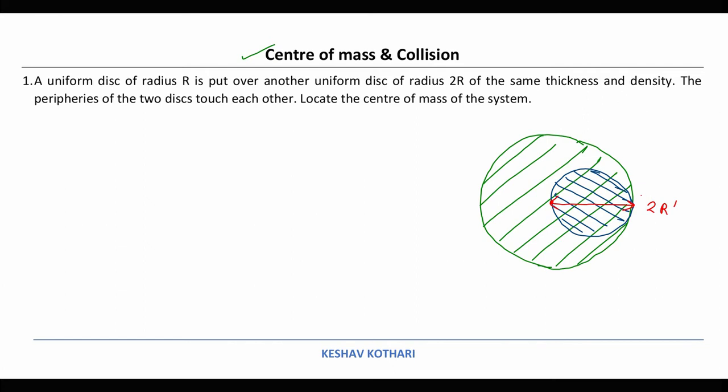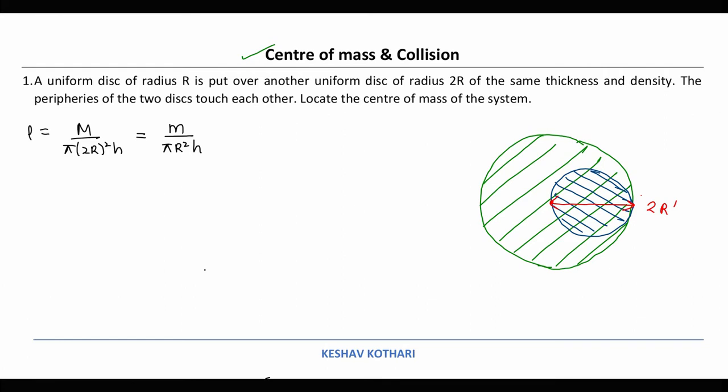So now in order to find the center of mass of this system in which one disk is placed over the other, we are first of all writing a term of density. So if I write the term of density considering that the thickness or the height is equal to h, so I can say that capital M upon pi 2r square h is equal to small m, that is mass of smaller disk, upon pi r square h.